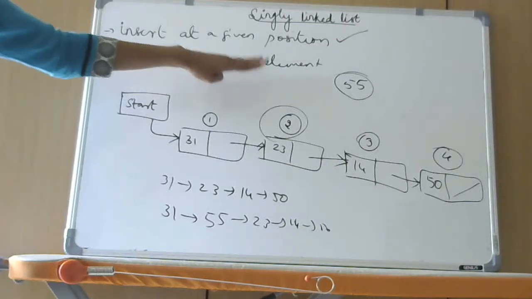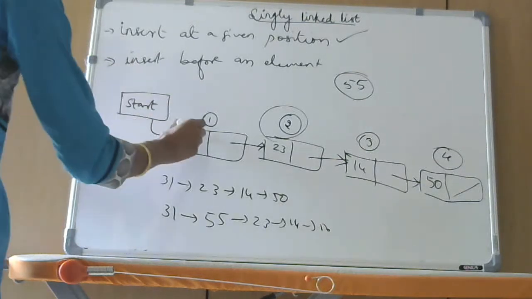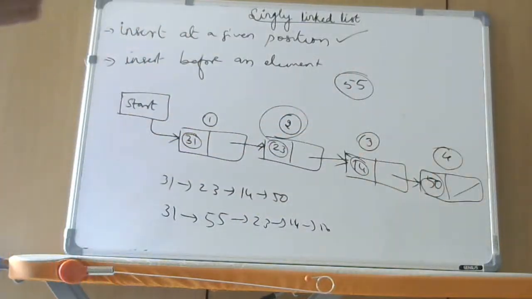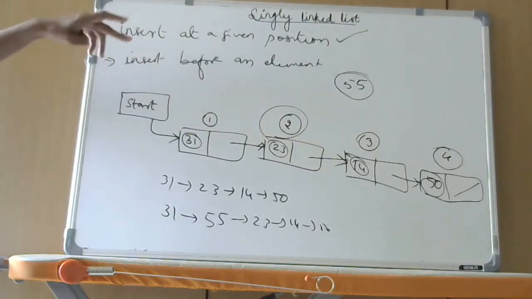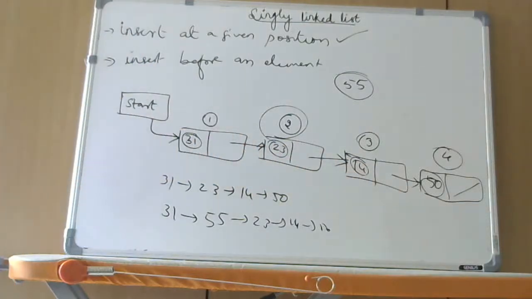Now insert before an element means what? That time I am going to specify these values. I want to insert before 50. That is what I mean when I say insert before an element. When I say insert before an element, you should ask for which element before which you want to insert.